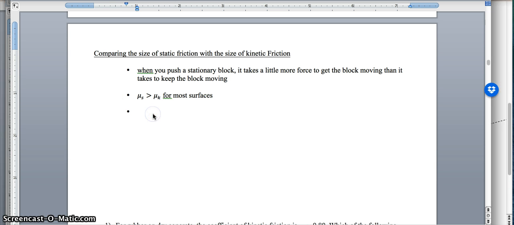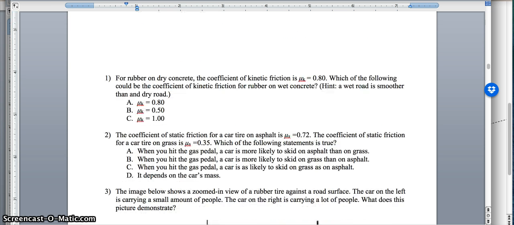And as a result, the maximum static friction force is going to be bigger than the kinetic friction force for most surfaces. So to overcome static friction, you have to push harder than you must push to overcome kinetic friction. And that's all we're going to put in this section.